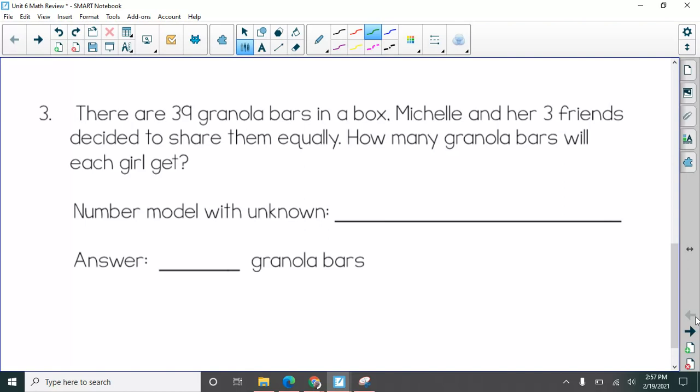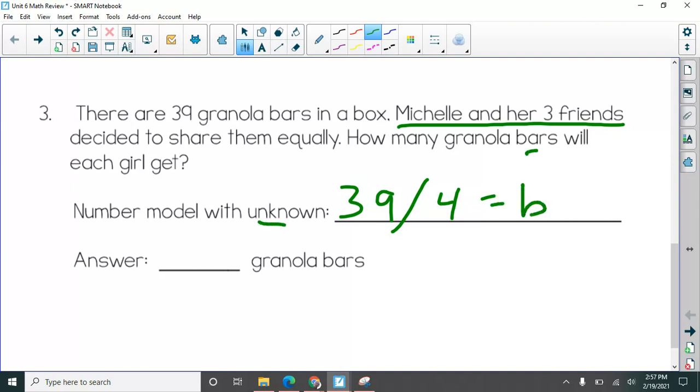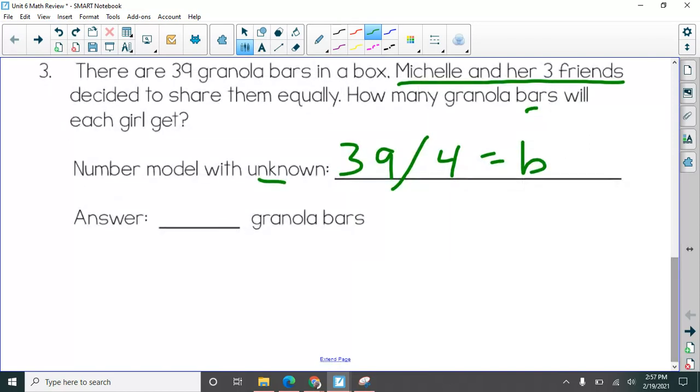Did you notice that there's 4 kids? Michelle and her 3 friends. Oh, it's being tricky on us. 39 divided by 4 equals unknown, but B for bars. So 39 divided by 4.